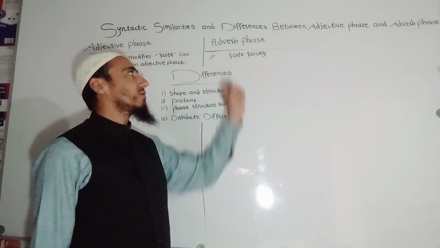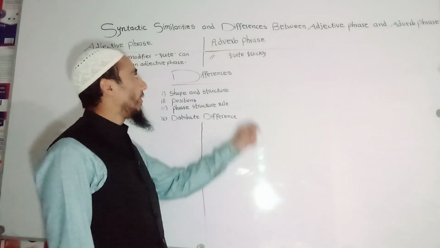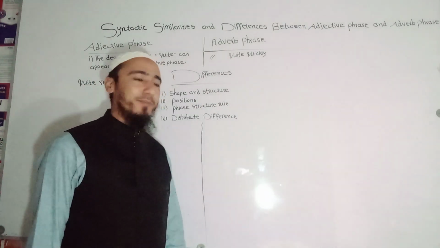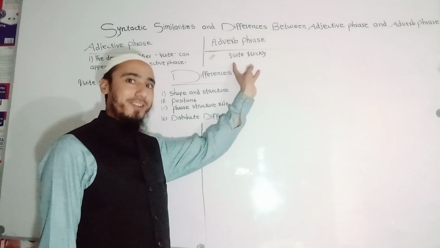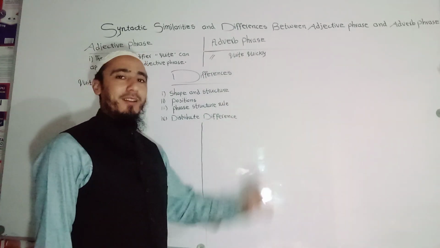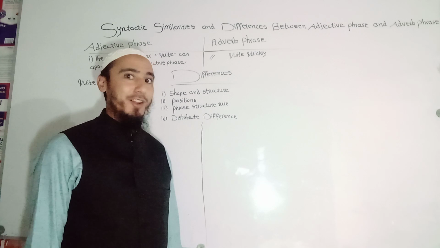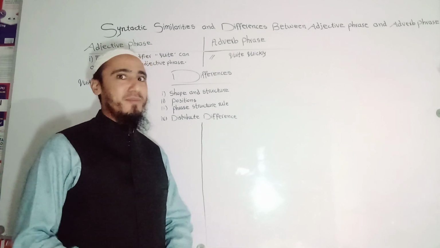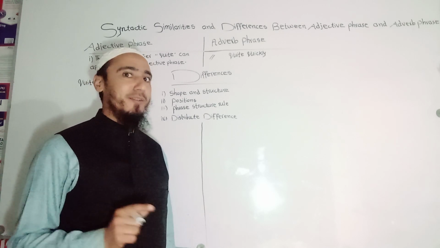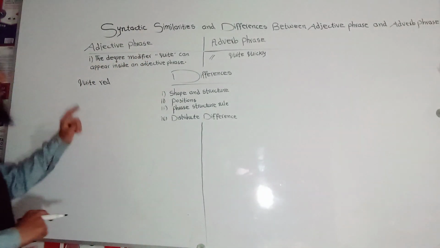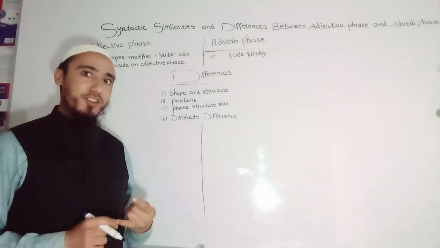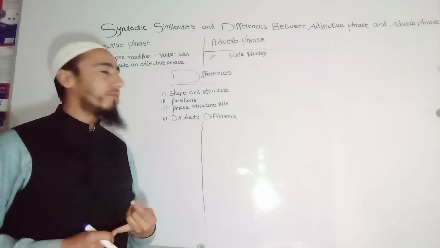And when we are talking about adverbial phrase, here again the same degree modifier also appears inside the adverbial phrase. So this is the similarity. Now, I just talked about one similarity between them. Now, the question is, what are the differences between adjective phrase and adverbial phrase?